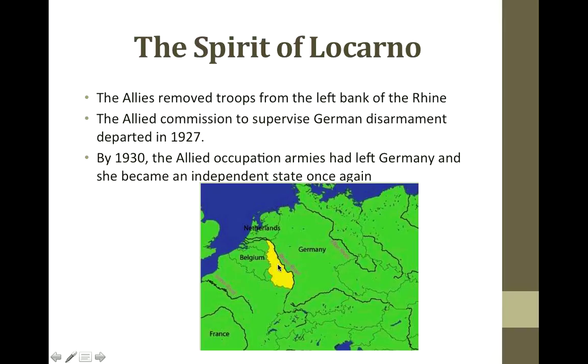The Allied Commission that supervised German disarmament departed in 1927, and by 1930, basically all occupation armies had left Germany and it became an independent state. So after this Locarno Pact, we see Germany being revitalized, all right, becoming more of an independent country. We have the western boundaries and borders protected with France, and the eastern border not quite, all right.